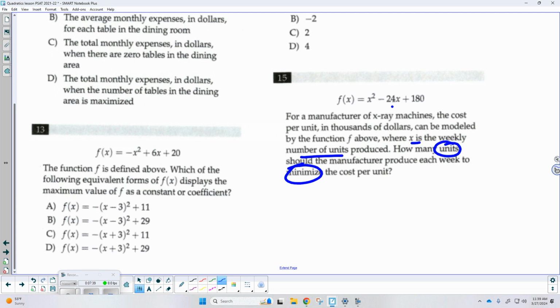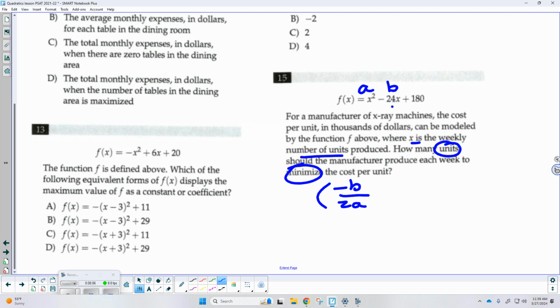You do something with A and B. So you want to put it in vertex form? Yes, that little expression. Okay, so does this look familiar?